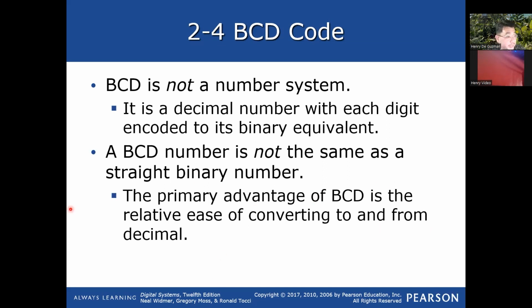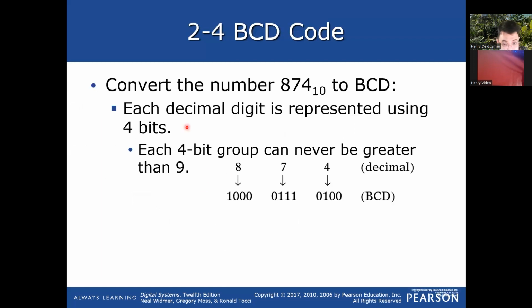So let's have the first example. 874 base 10 to BCD. For 874, it's easy once you memorize the 4 bits. 8 is 1000, 7 is 0111, and 4 is 0100. That's how it is coded. So this is the decimal, this is the BCD.